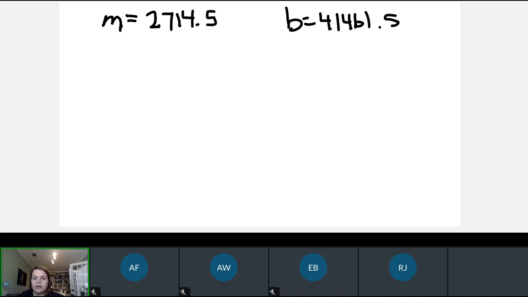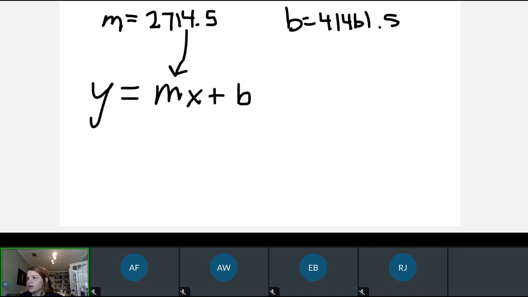It will ask you what the correlation coefficient is. That's the r value. So you don't have to do anything with the r value right now. But you have your m value and your b value. So when it asks you to write the equation of the function, you're going to plug in the number for m in front of x and plug in the number for b.